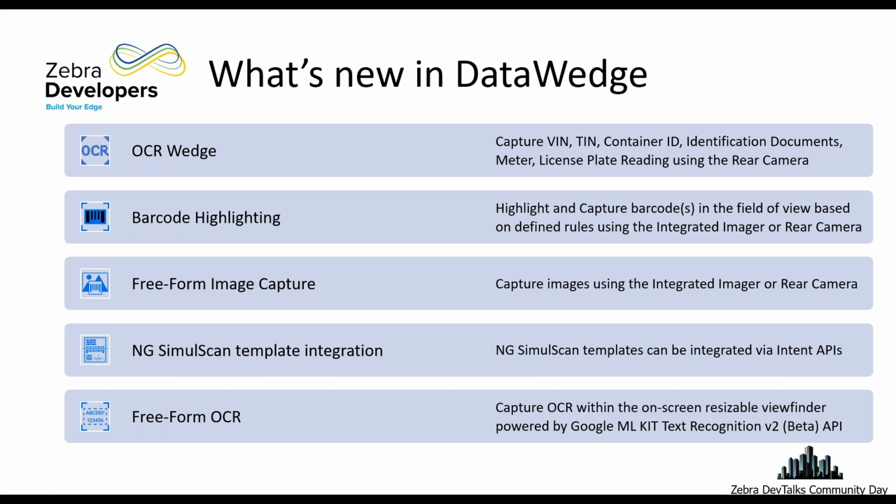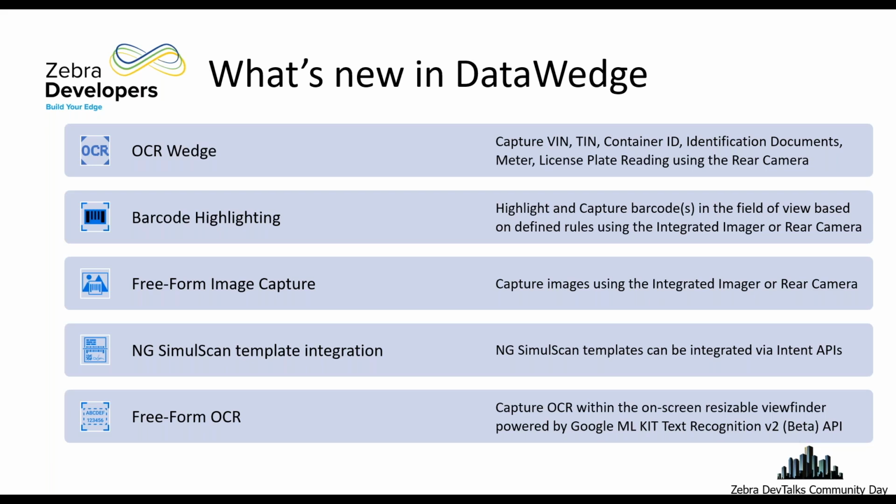And there will be a new interface provided via the intent APIs that we described previously, where you can copy a template file into the device where DataWedge can access it, and your application can send an intent to DataWedge, and that configuration will be integrated seamlessly.